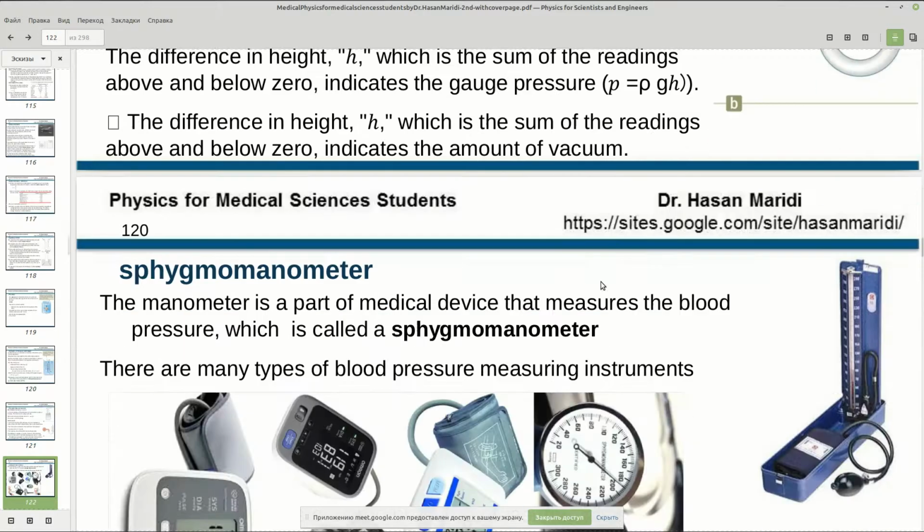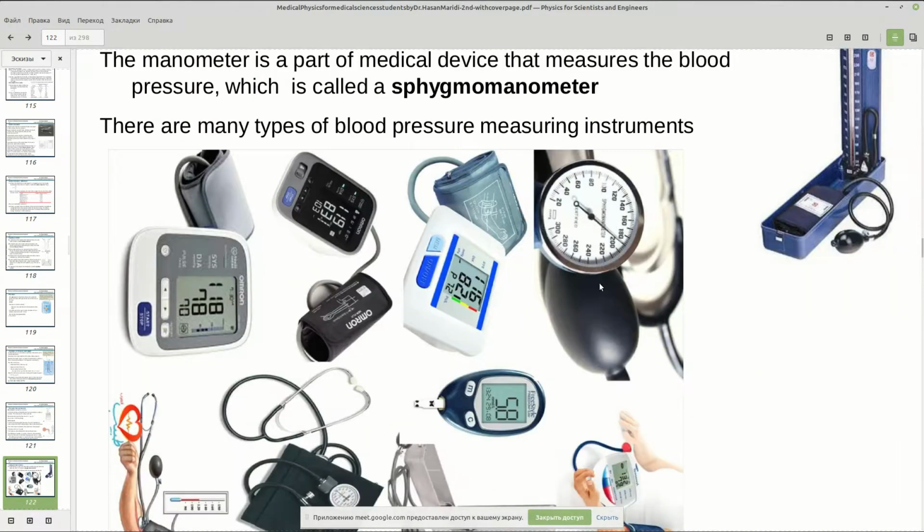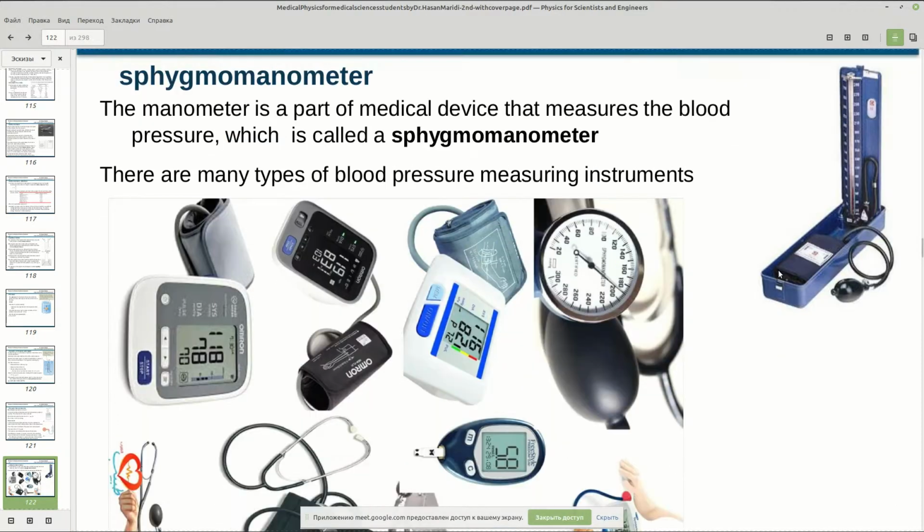Sphygmomanometer. The manometer is a part of a medical device for measuring blood pressure, which is called a sphygmomanometer. There are many types of blood pressure measuring instruments. There are some with a liquid standing in a tube like the mercury manometer, but it seems we have another type of liquid inside.